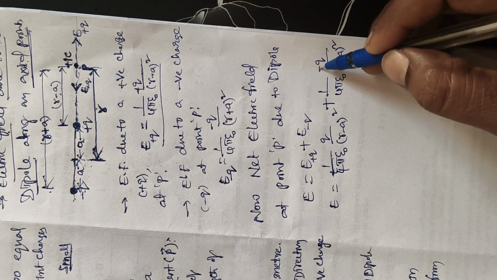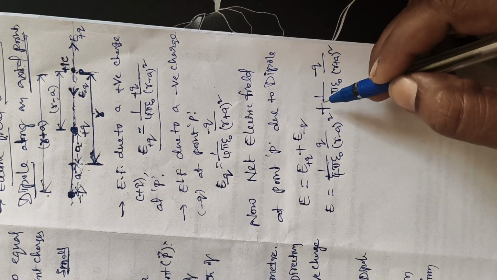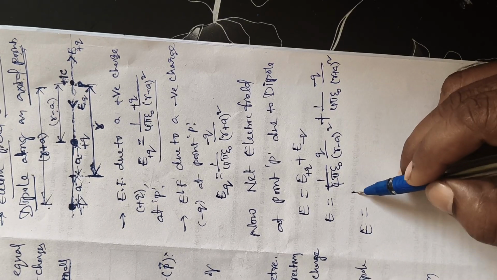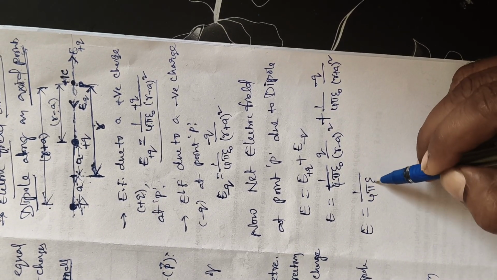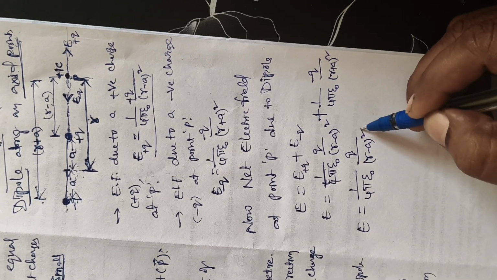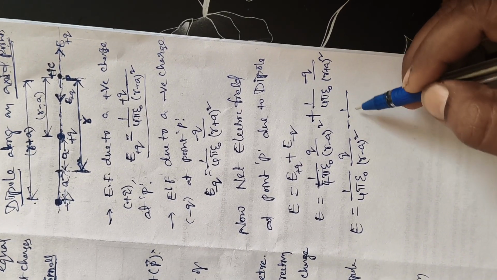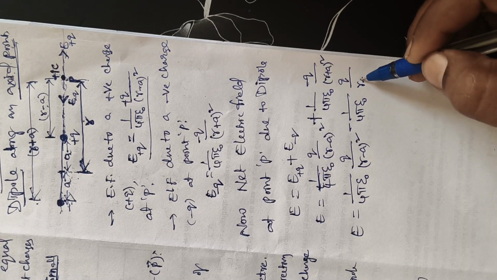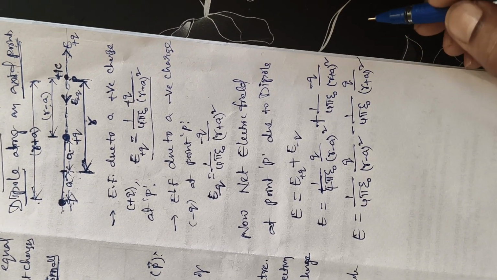So now here minus is there, minus into plus is minus. So E is equal to 1 by 4 pi epsilon naught Q by (R minus A) whole square, minus 1 by 4 pi epsilon naught Q by (R plus A) whole square.